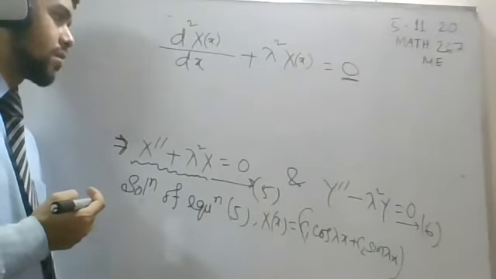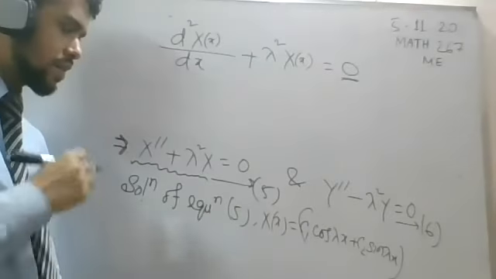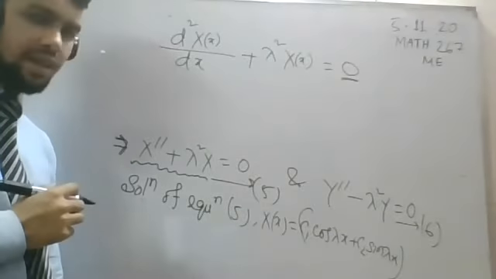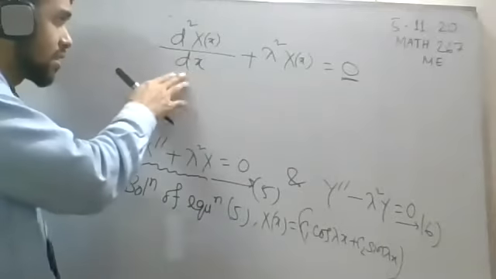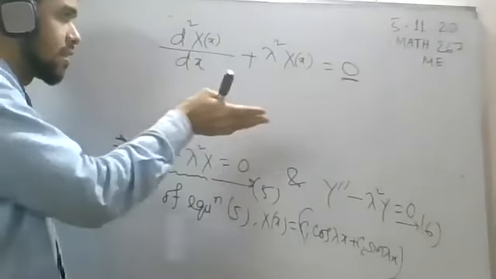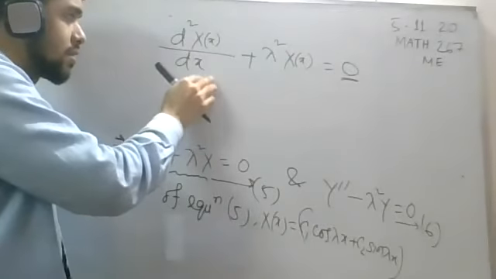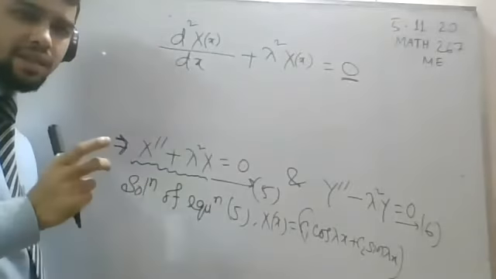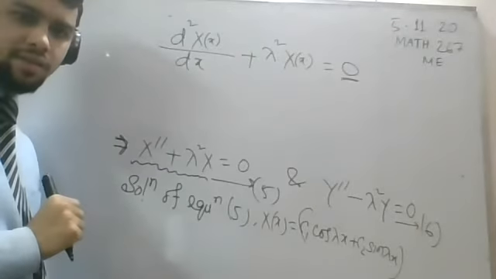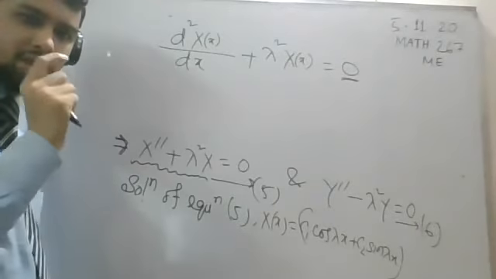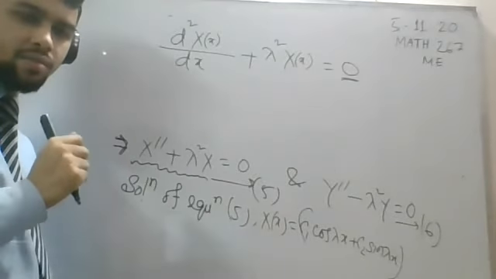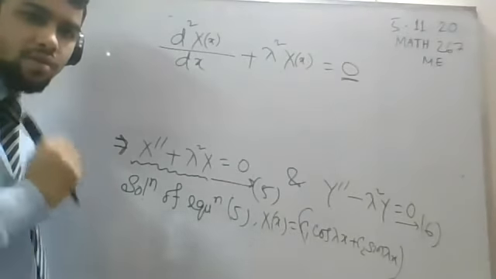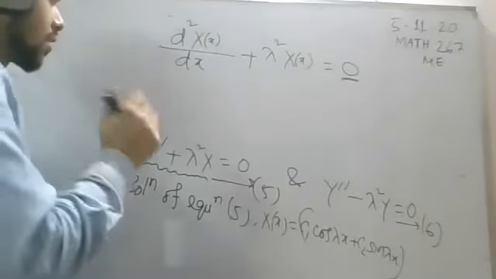So the process is you have to write a trial solution of your given equation, and after that you have to differentiate it and then put these values in here. You can get an auxiliary equation. The main thing is you have to find the auxiliary equation from here, because you also have to find the roots.